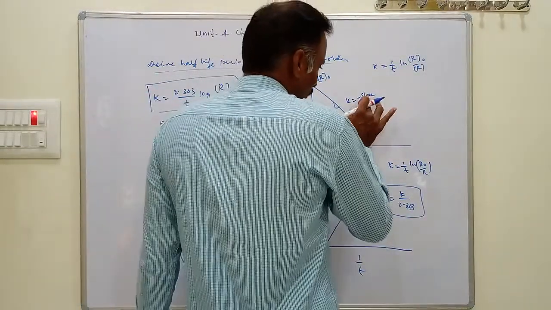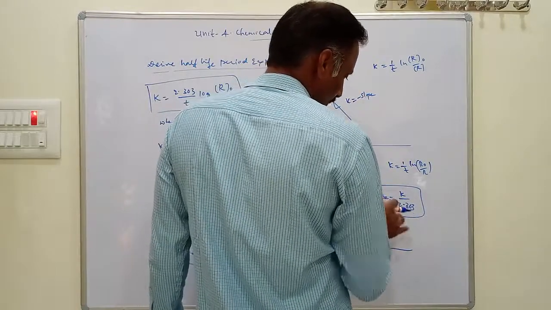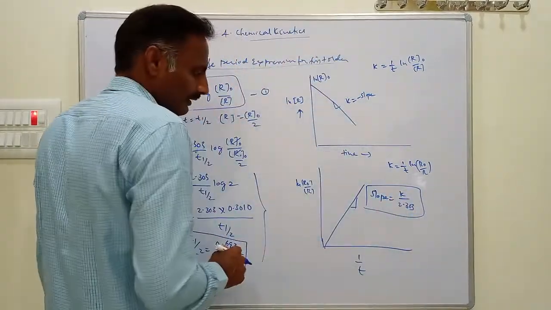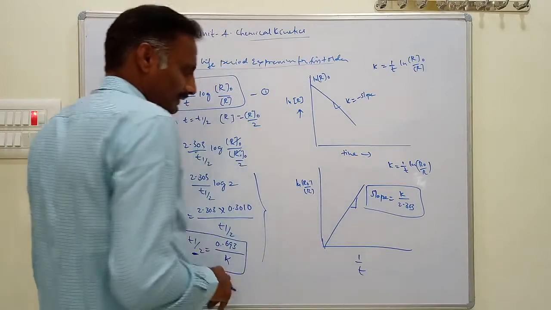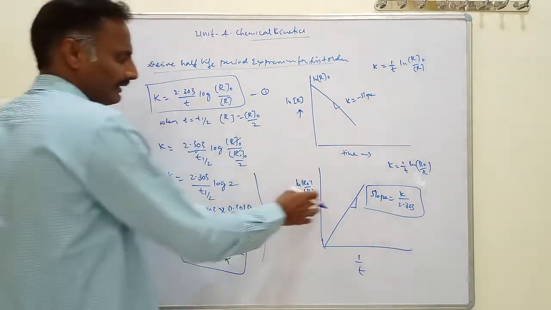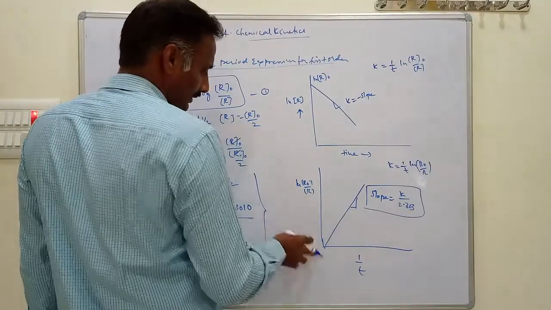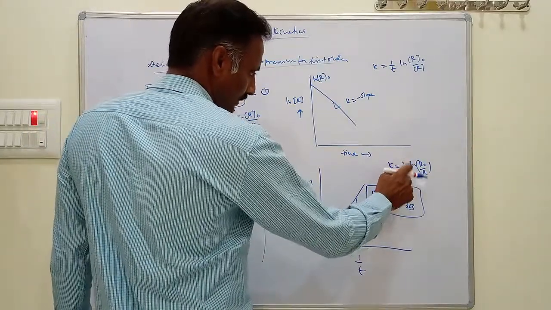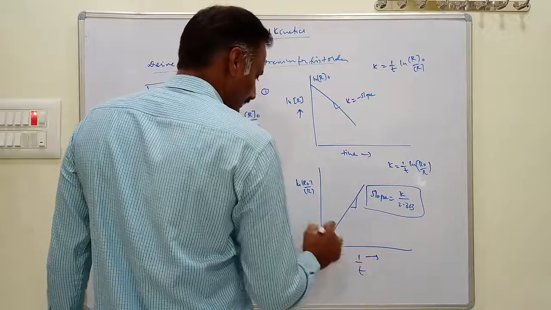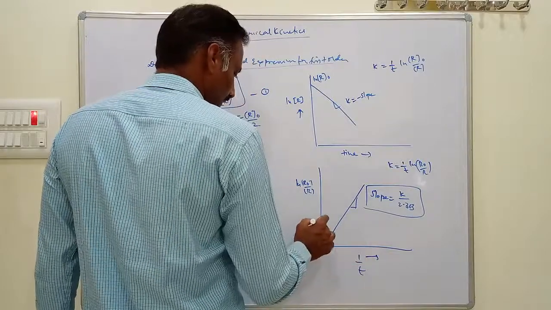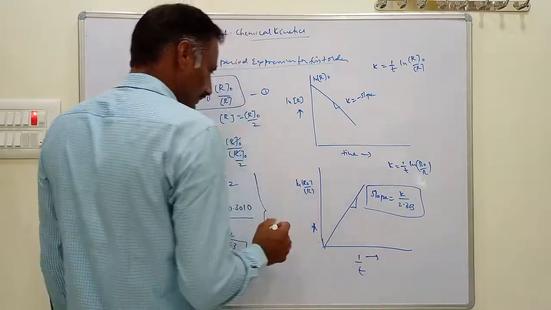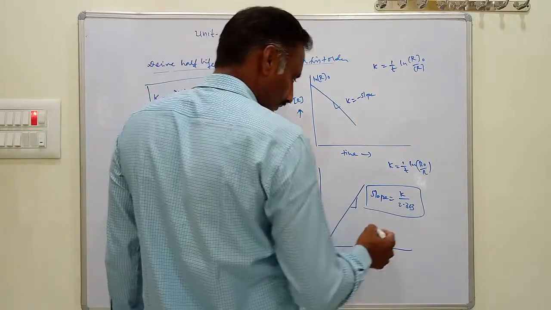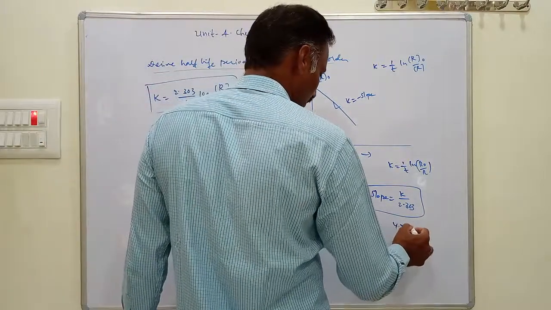Here you get a negative slope, and here a positive slope. Slope equal to k by 2.303. If you are getting a straight line, it indicates k equal to 1 by t ln R naught by R, obeying the principle of y equal to mx plus c.